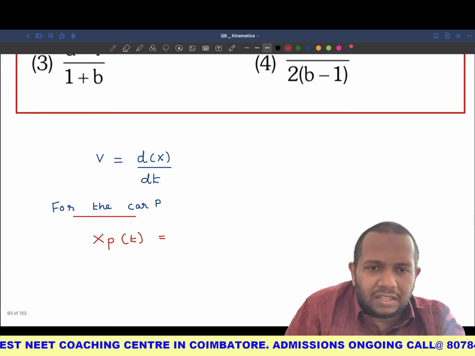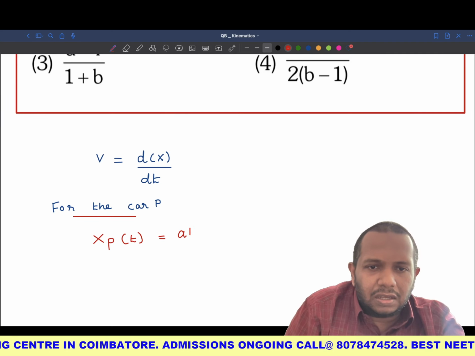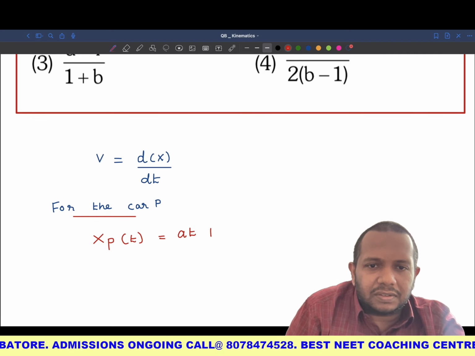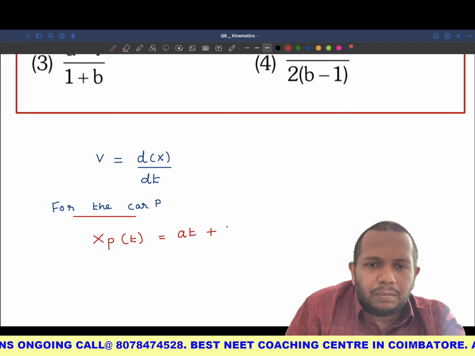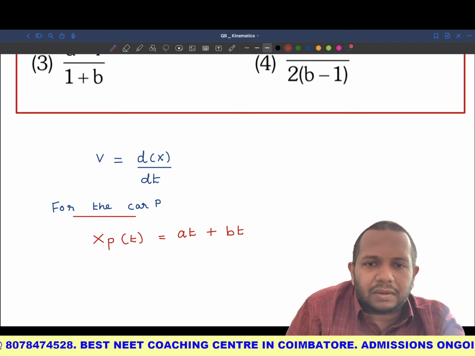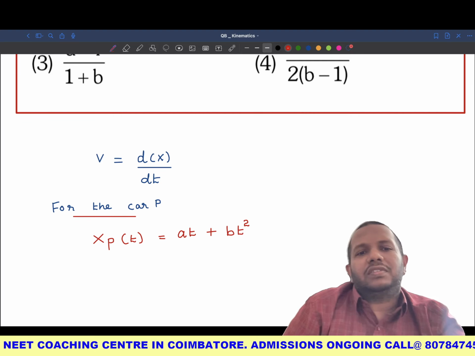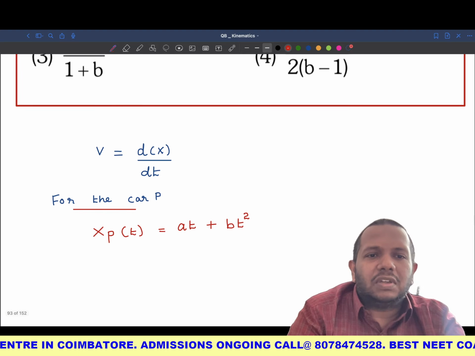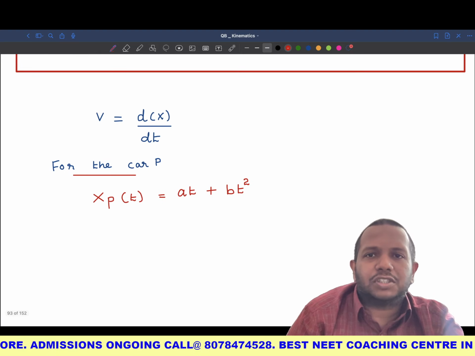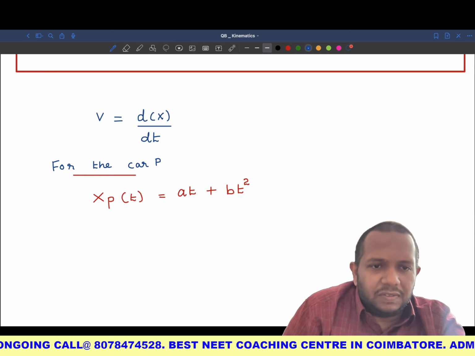What it is? at plus bt square. This is what is given. Now let's find out the velocity of this car as a function of time. So if you want to do that, we will differentiate this.